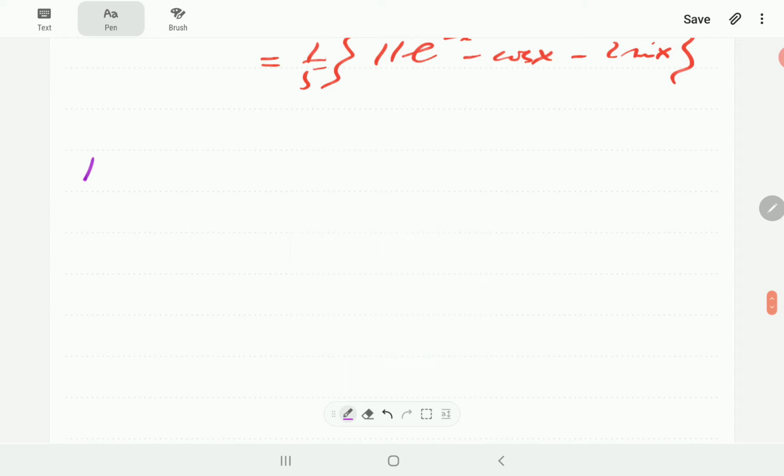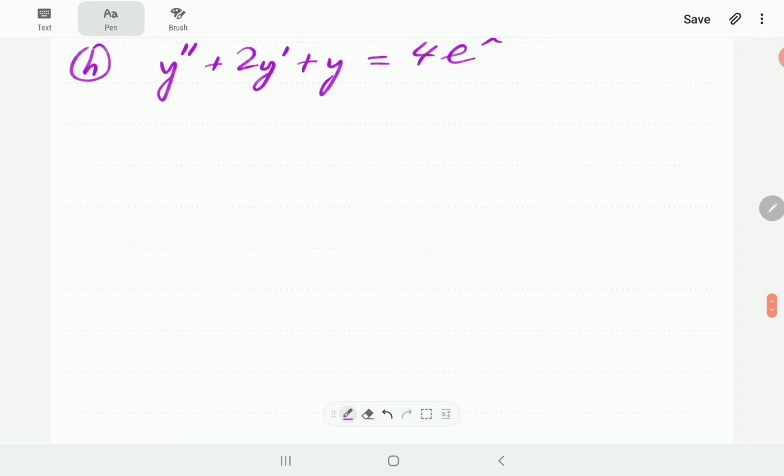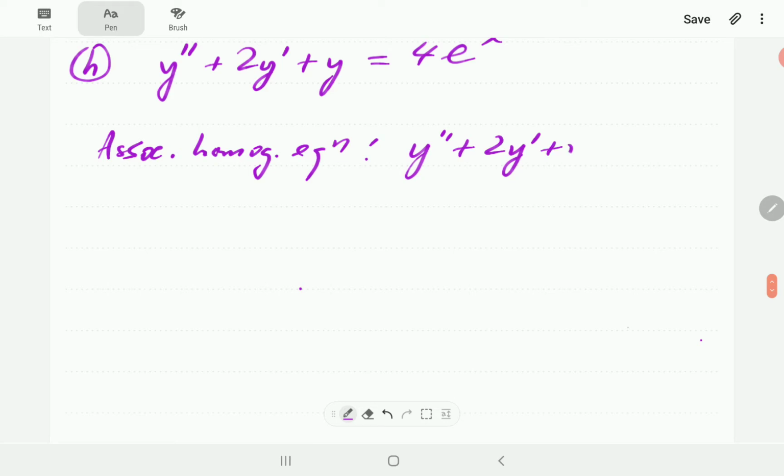Then our next problem is h. So in h we have y double prime plus 2y prime plus y equal to 4 times e to the minus x. The associated homogeneous equation is going to be y double prime plus 2y prime plus y equal to 0.